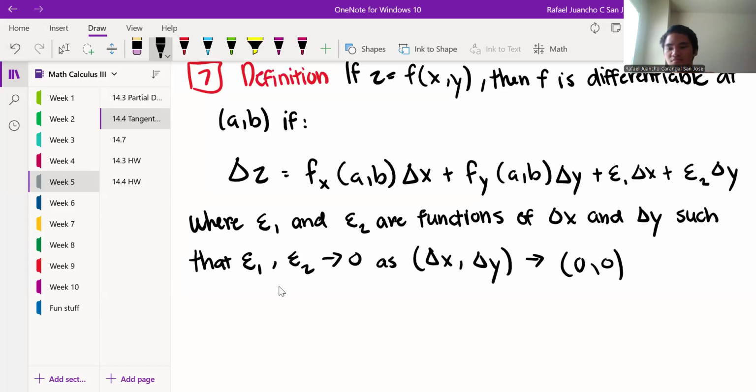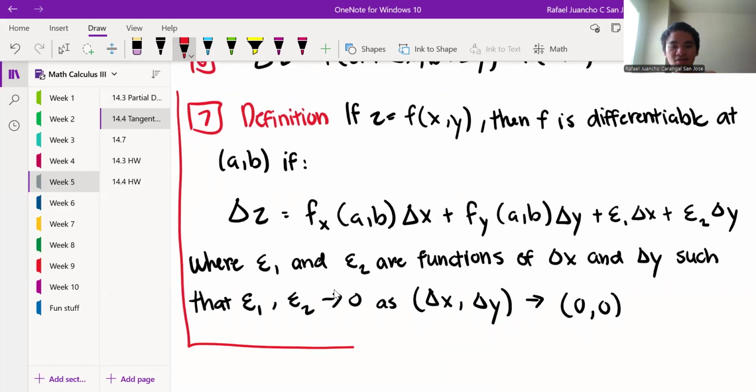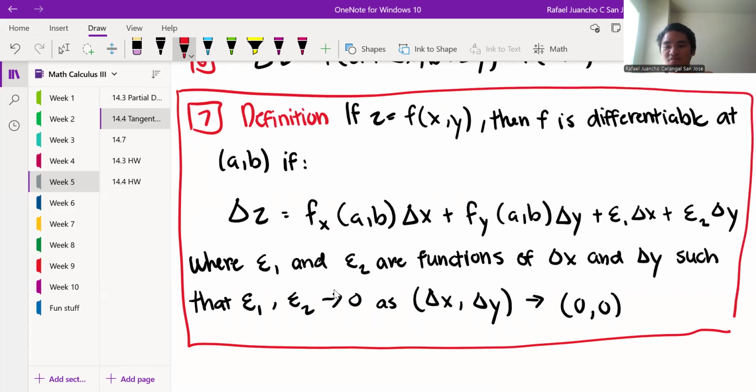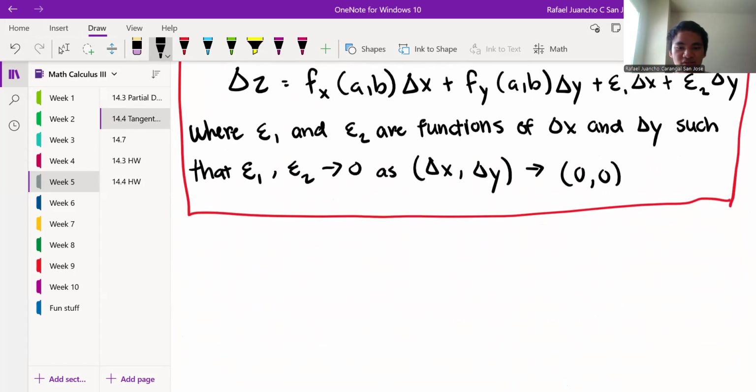Right? And that's the idea. That's how we know for sure, okay, I can take the derivative. I can take the partial derivatives of a function or of this point in the surface.